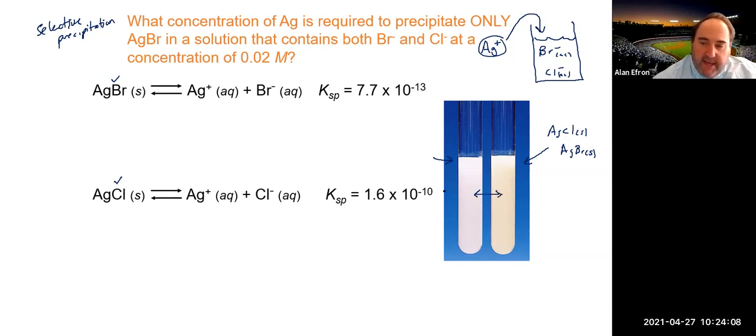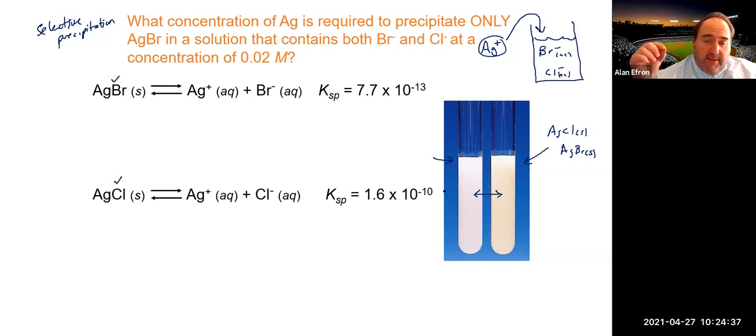So if we added silver just to this test tube that had both of those ions floating around in there, we would induce a precipitation of both silver chloride and silver bromide perhaps happening together, which means if you wanted to really, for example, only take out one of the ions, like say the bromide ion first, and you just added the wrong amount of silver, you would actually see both of them come out together.